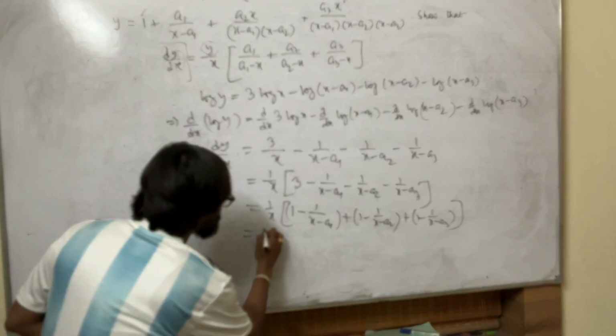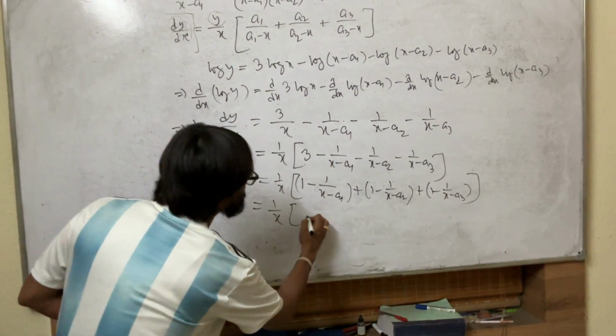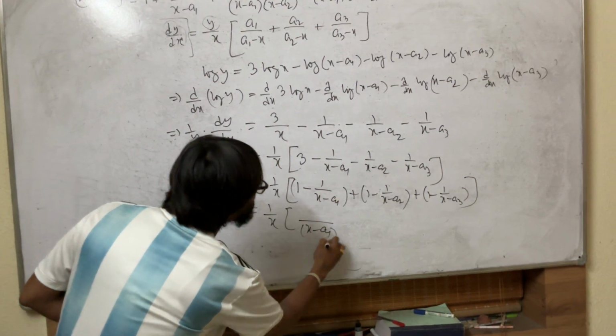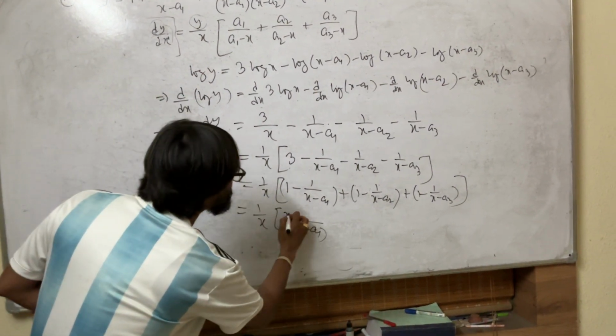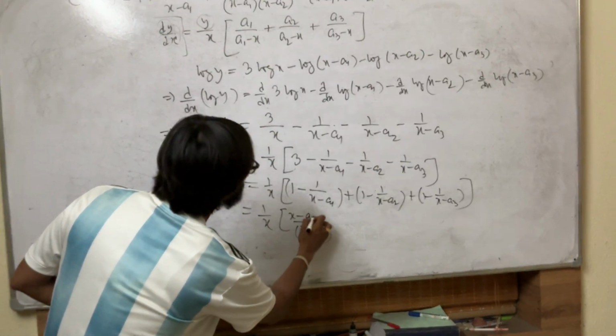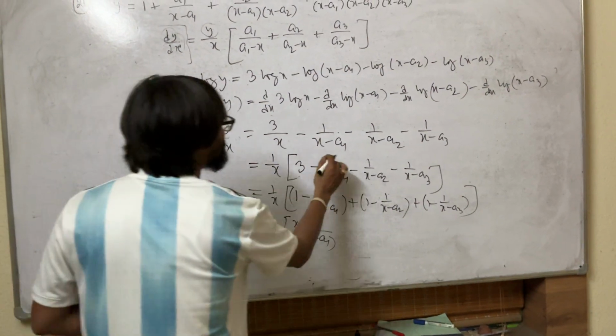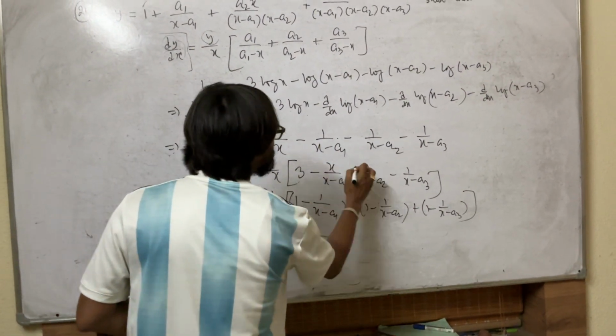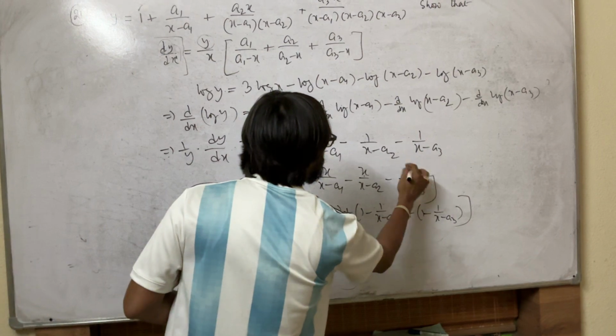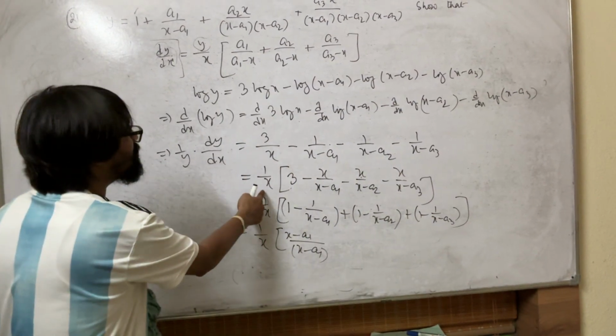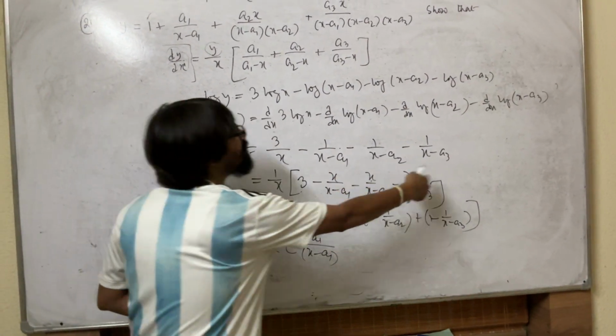Now what happens is 1 by x, and this is my LCM, and this gives me x minus a1. Oh, if I take 1 by x common, I have made a mistake here. So if I take 1 by x as common outside, x will be multiplied on the numerator.